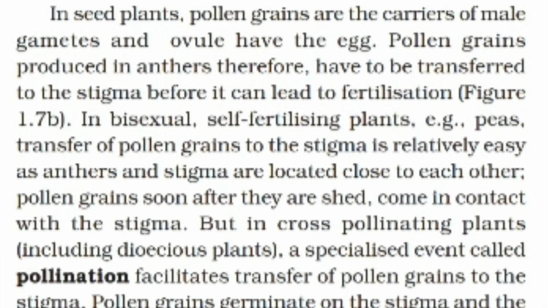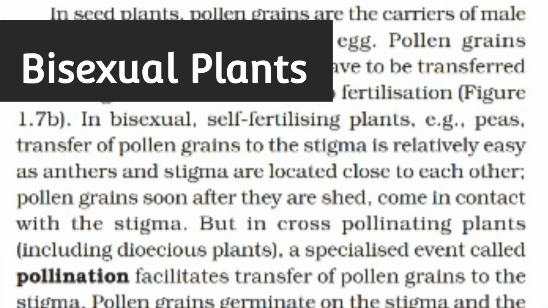That female part is also known as the pistil. The pistil has three structures: ovary, style and stigma. The stigma is sticky, which helps pollen grains to fall on it, and the pollen grain will stick to the stigma to lead to fertilization.